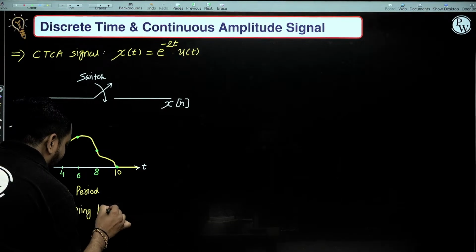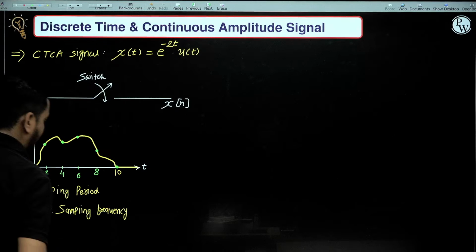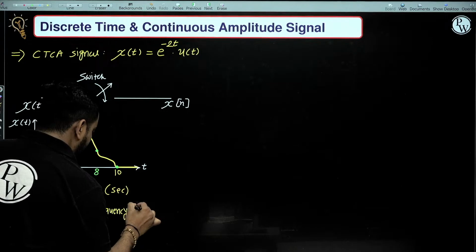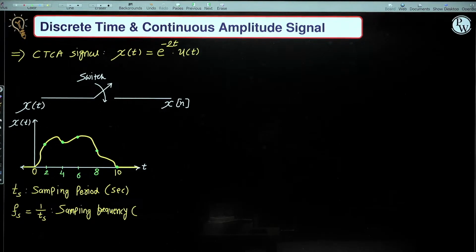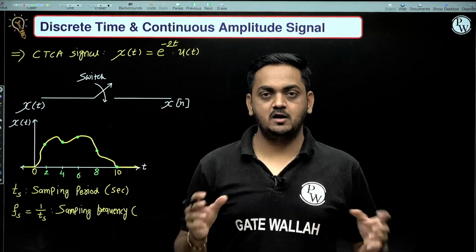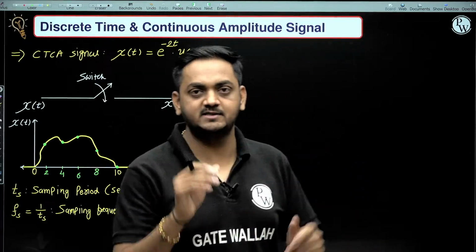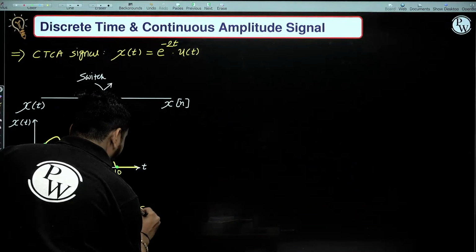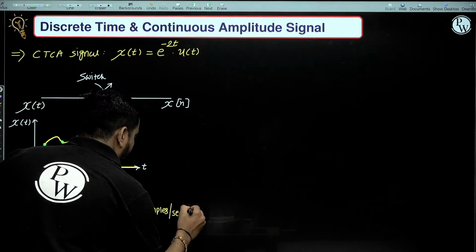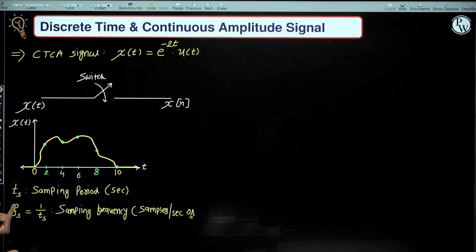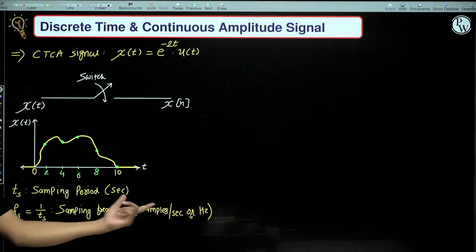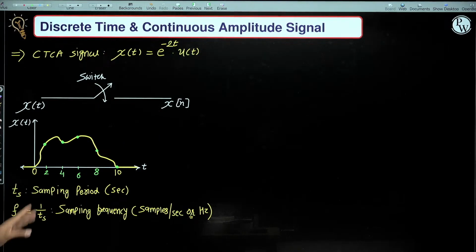The unit of sampling period is second, and the unit of sampling frequency is samples per second, which is the number of samples you collect in 1 second. You can also use the unit hertz, because this is the frequency Fs.